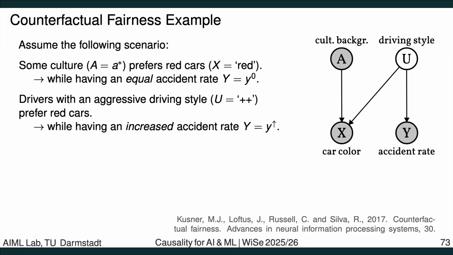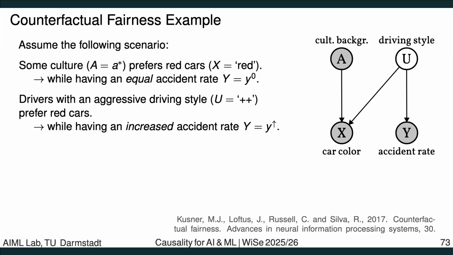And for that, we have collected some data, maybe on the driving style, maybe we know the registered cars, we know the car color, and so on. And now we take all of these A, X, and U and plug it into our neural network. And I think it's clear what's happening, right?